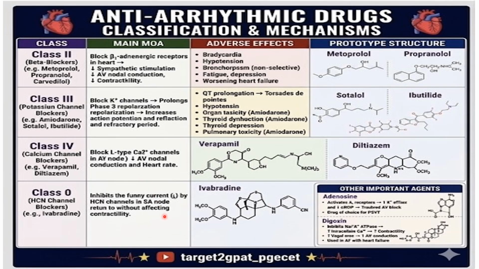And coming to class 0, these act by blocking the HCN channel. Not to be confused, they act on the funny current, which we call IF, generally present in the SA node. The funny current acts directly on the pacemaker, and involves a mix of sodium and potassium inward current.